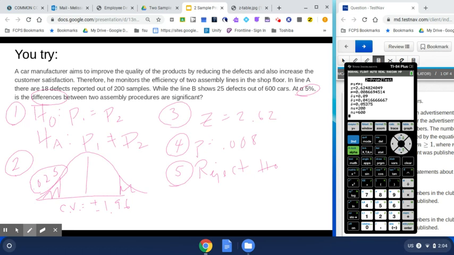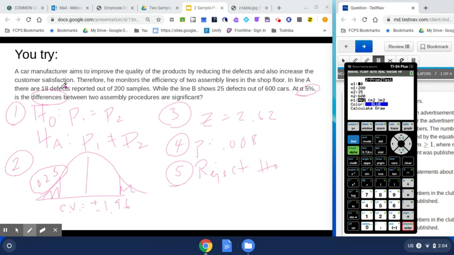Step number 3, let me show you what I entered into the calculator here. We go to tests and then down to the 2-prop z-test. Plugged in the values pretty much straight from the prompt. It gave me the X values, the number of successes.